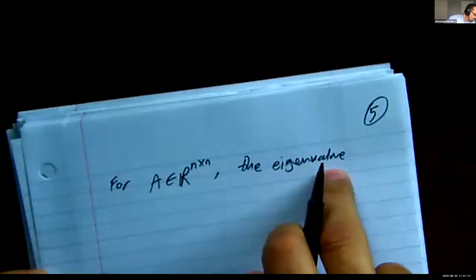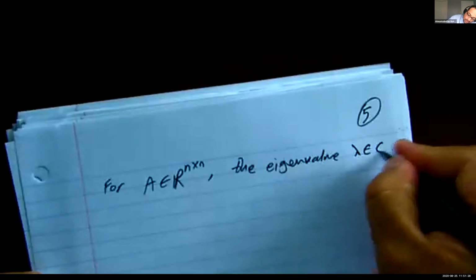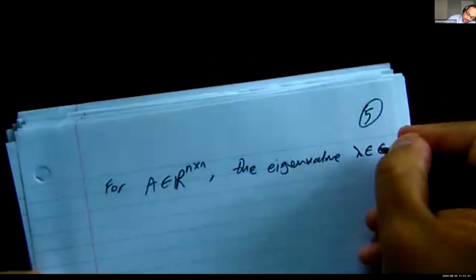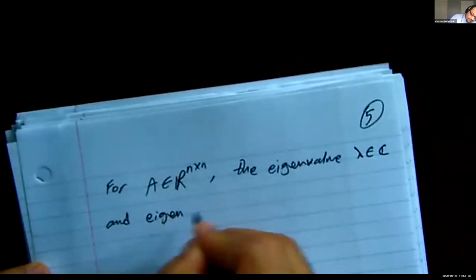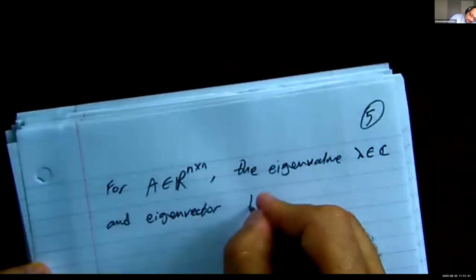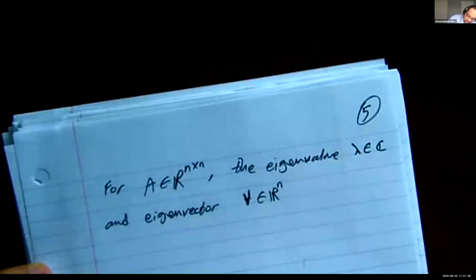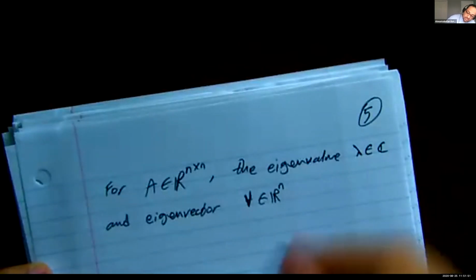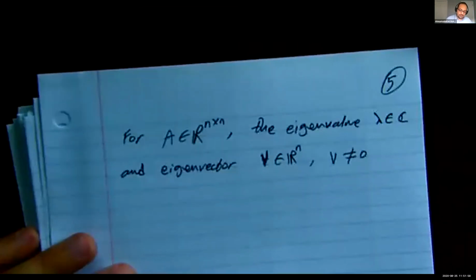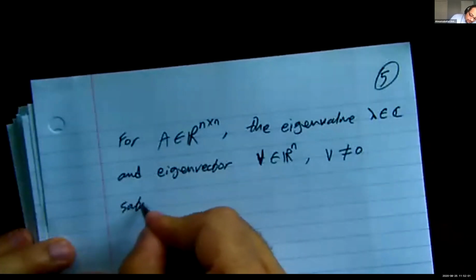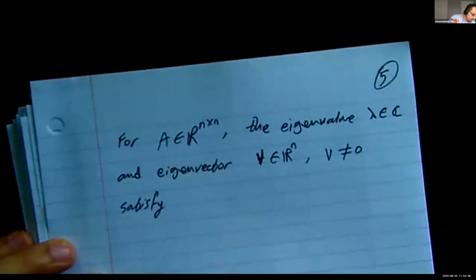So if we denote the eigenvalue as lambda, belonging to the set of complex numbers, and eigenvector, sorry, this is V, eigenvector V belonging to the real numbers dimension n, so this is a vector with n dimensions, and also with the note that V is not equal to 0, they always satisfy this eigenvector eigenvalue equation.